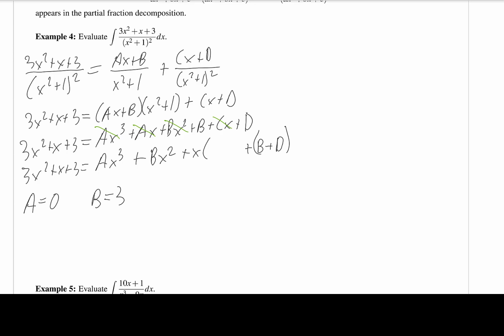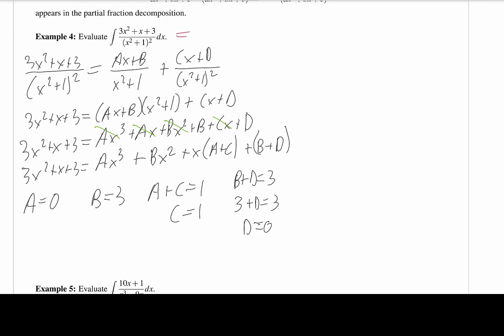So instead of A plus B, this should have been A plus C. So we'd get A plus C is equal to 1, which means that C equals 1. Then our constant on the left-hand side is 3, so this B plus D needs to be equal to 3, which means that 3 plus D is equal to 3, so D equals 0.